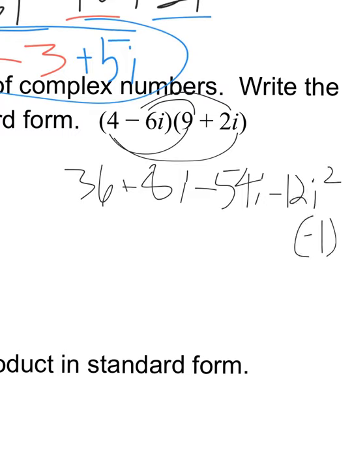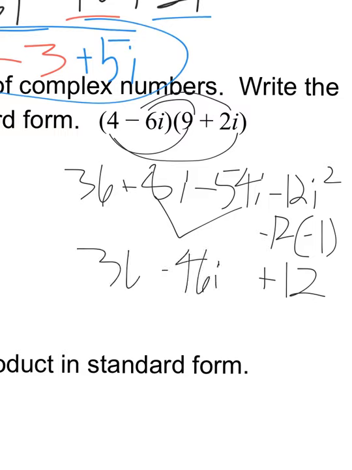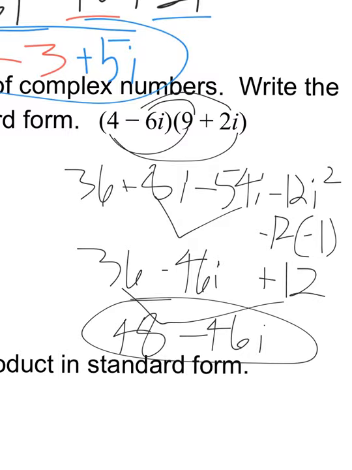Remember, i squared turns into negative 1. So we have negative 12 times negative 1. That just turns into a positive 12. So we need to just combine these two middle terms here. This is going to make negative 46i. And then we have 36 plus 12. So we have 48 minus 46i for the final answer.